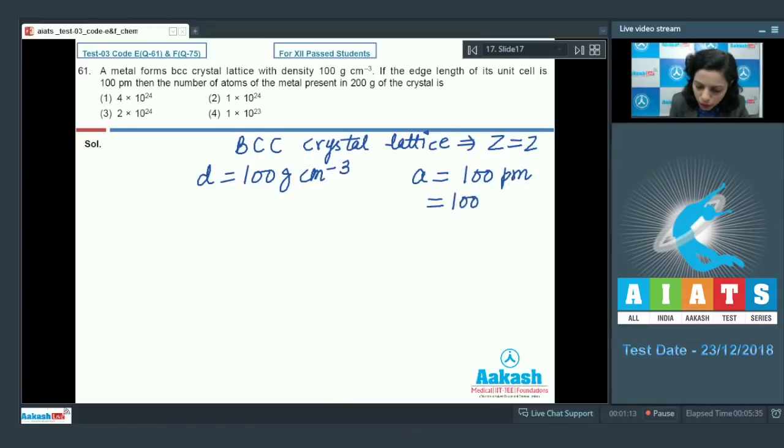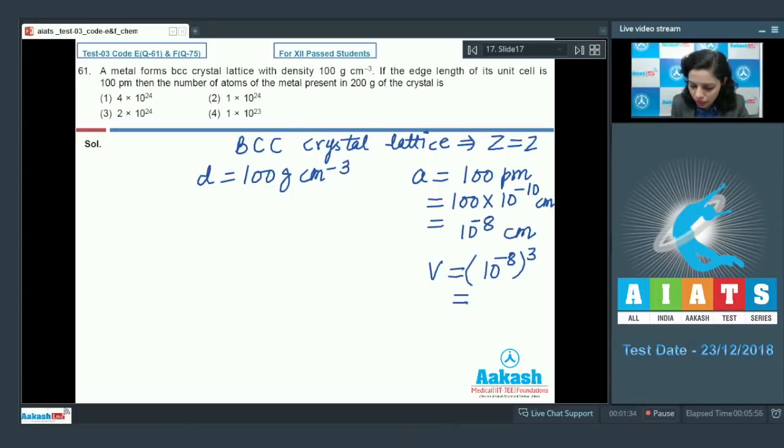What we need to do here, just multiply 10 raised to the power minus 10 to it to get the value in centimeters. It would be 10 raised to the power minus 8 centimeter. This is the edge length. Now with the help of this, we can find out the volume. What would be the volume? Edge length cube. That would be 10 raised to the power minus 24 centimeter cube. This is the volume.